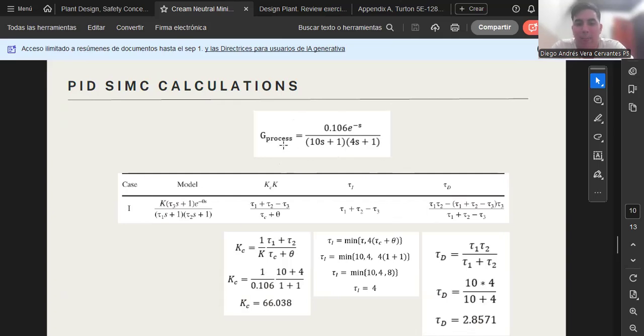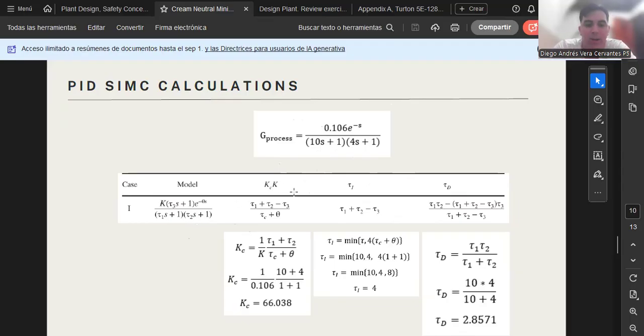This one is the transfer function, and we use the tau 1. In this case, tau 1 is equal to 10, tau 2 is equal to 4, and this value 0.106 is k. This one is multiplying the tau 3s plus 1.